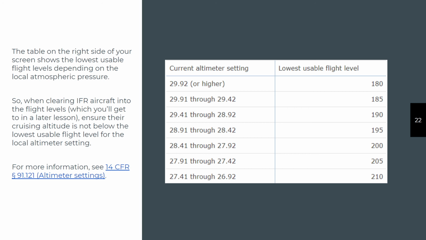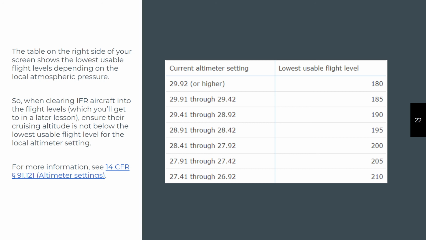No, I'm sorry. Let's change that. Let's say make it between there, 28.99. Let's put it there. So somewhere in the middle. It's in this range. Then we cannot give someone a flight level below 190 if they're going to be using 29.92 as their standard because they're above 180.